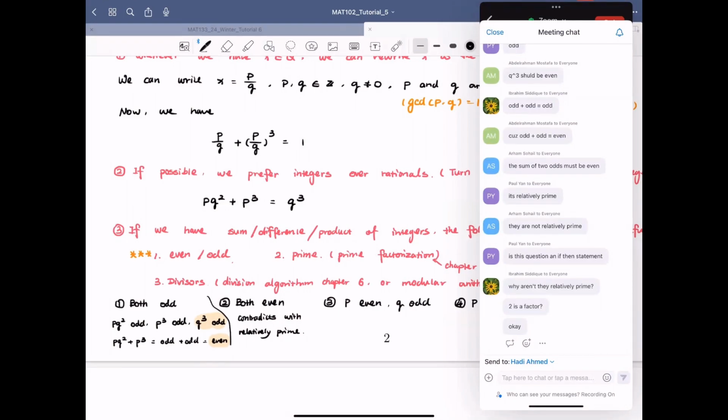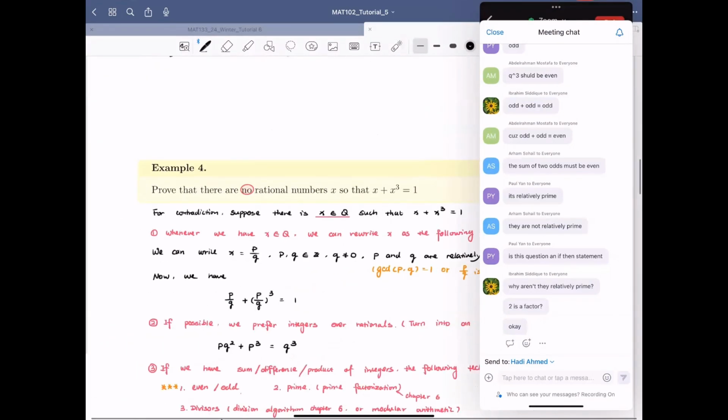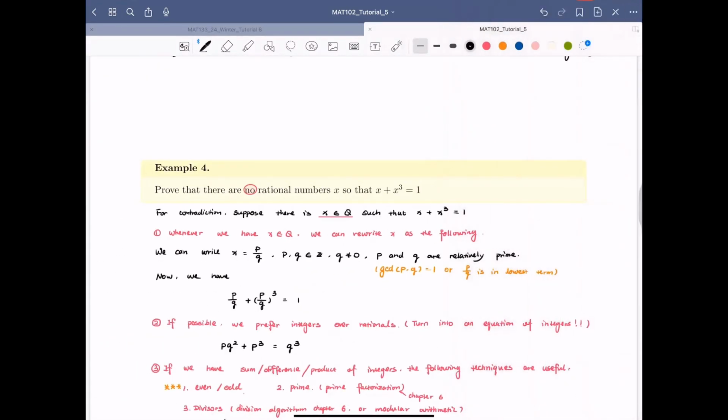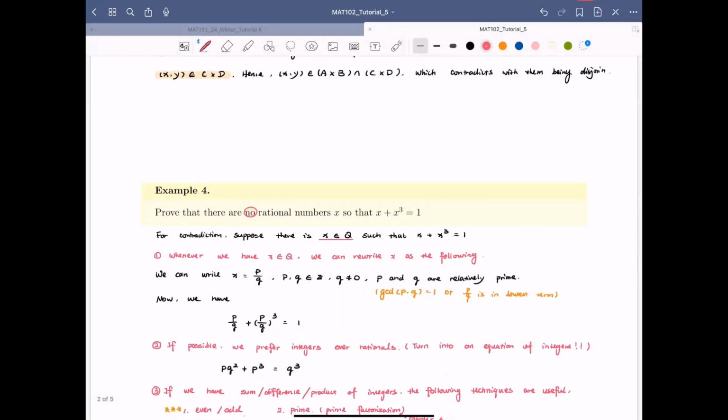Any other question? Anything else? Okay, so this is a classic type, but also those questions you should know how to do them as well, which I'll give you videos. Watch videos about proof there are no integer or natural solution.